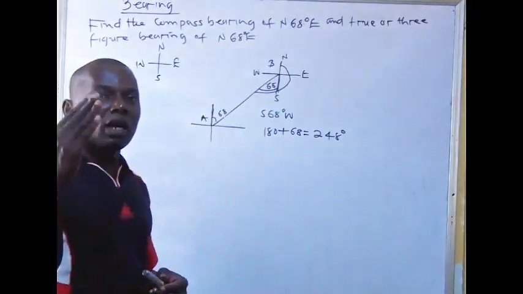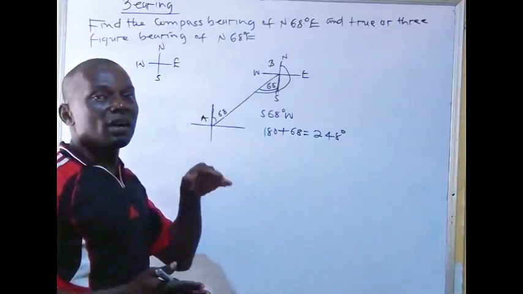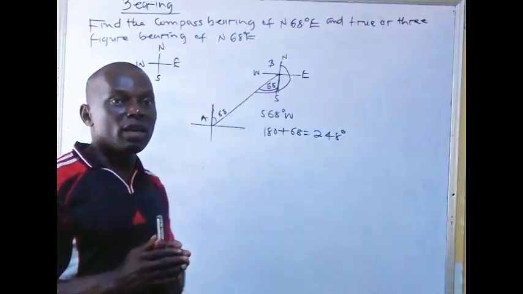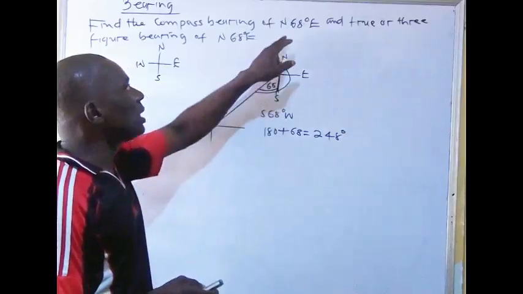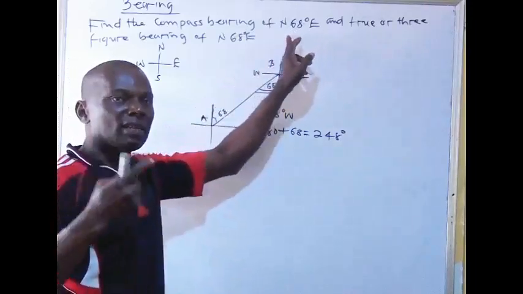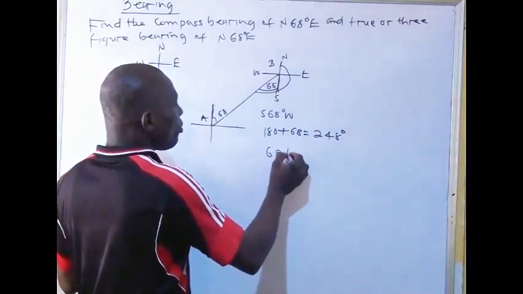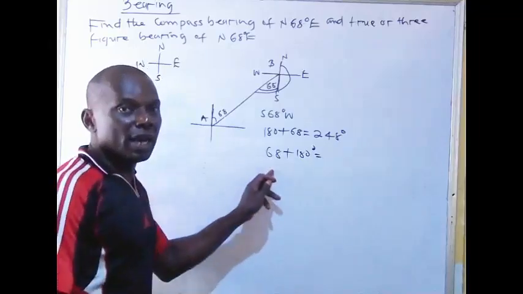One thing we should also know about this three figure bearing is that we can also use what we call back bearing. Anytime the bearing given is less than 180 degree, all you need to do is just add the bearing measure plus 180 degree. That will give you the bearing.